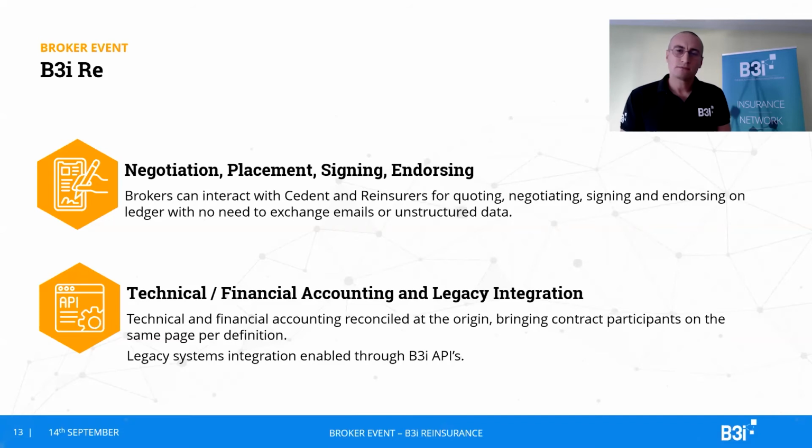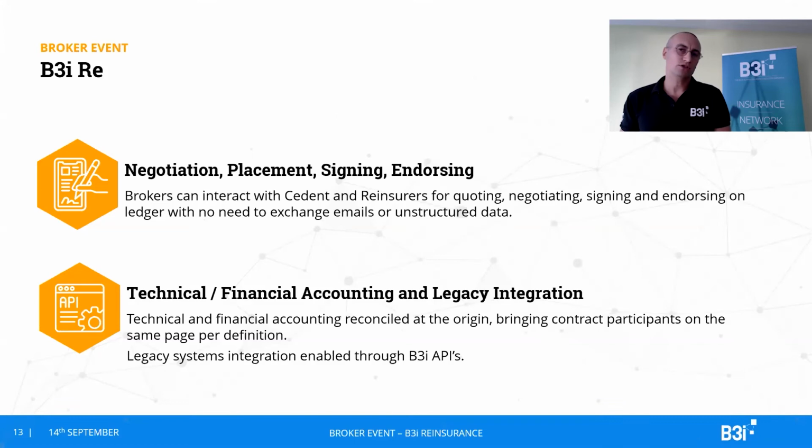But once the contract is signed, there is one element that we have understood from everyone. We need to invert the process. Today, everyone goes on a kind of witch hunt for the technical accounting in order to be reconciled, which totally represents a high tax if you consider the end-to-end admin cost of treaties.